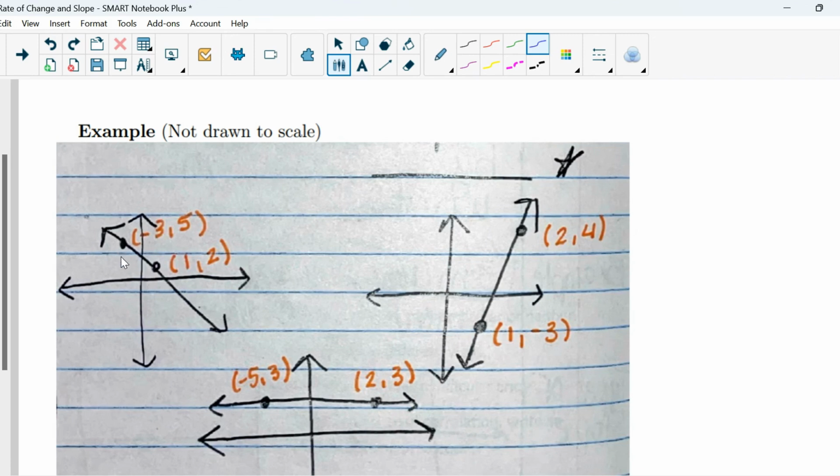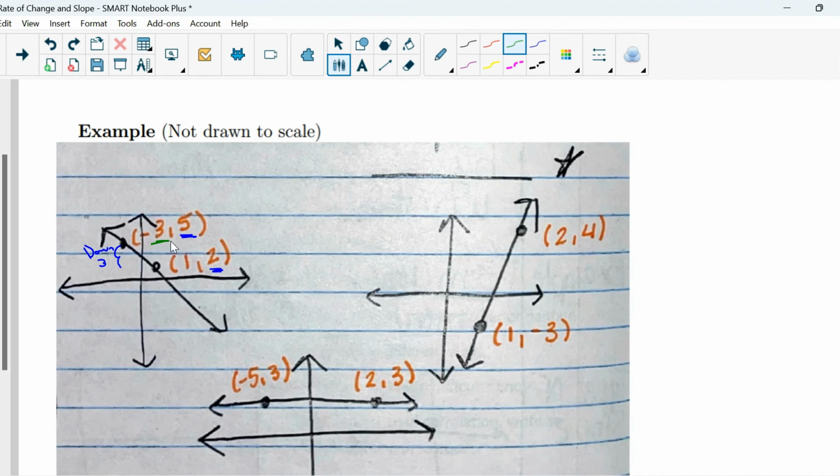So here, in this first example, let's find the change in y, so our vertical change. To go from a y value of 5 to a y value of 3, we change -3, or down 3. So in this case, our vertical change is down 3.